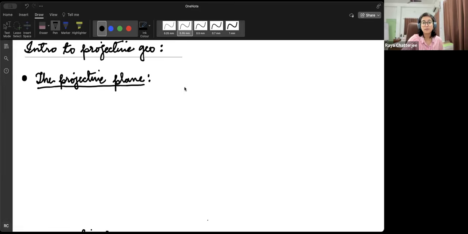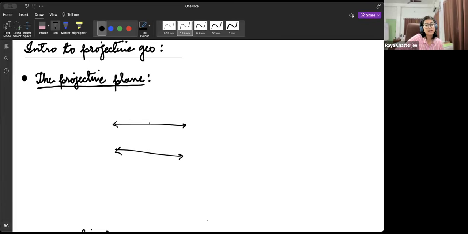Yeah, okay. So I'll just start with this. For projective geometry, we are not going to do stuff in the normal Euclidean plane. Instead, we're going to look at the projective plane. The projective plane is nothing to be intimidated by. It's just like the Euclidean plane, but some special stuff goes on here. For example, in the Euclidean plane, we work under the assumption that two parallel lines will never intersect.